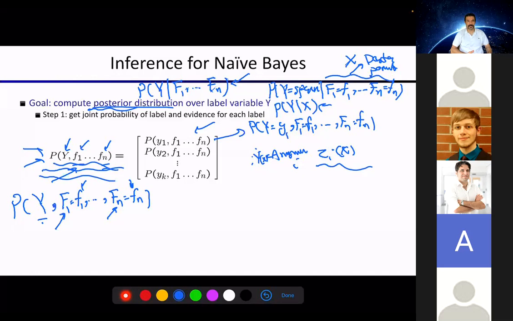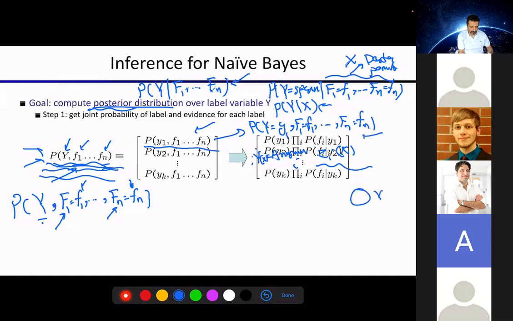These are more generative models, right? And then you know how to calculate each of these, right? So first, you need to calculate this joint probability distribution. How to do that? You know from the structure, because the Y's are dependent on these FIs, right?